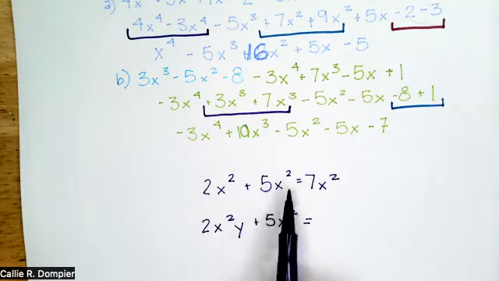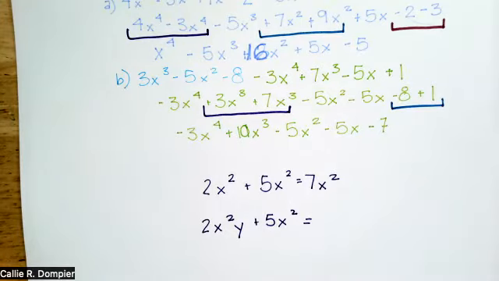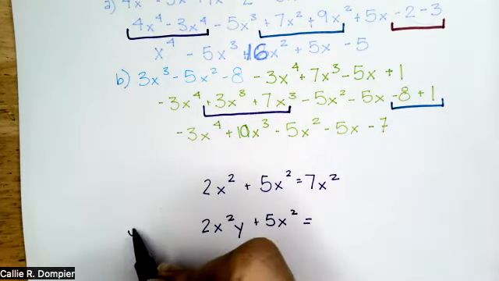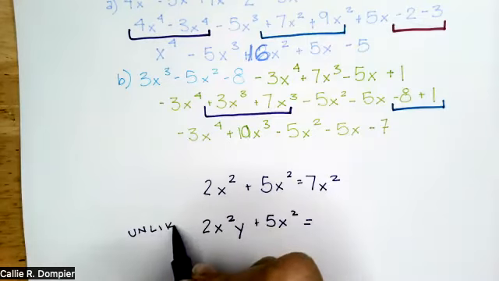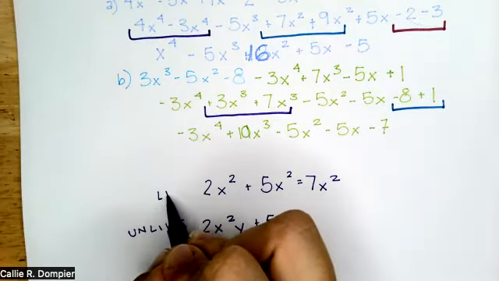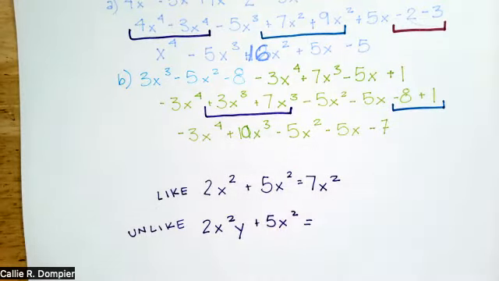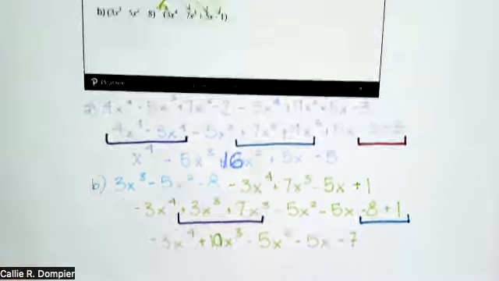So they have to have the same exponents raised to the same powers to actually be like terms. Unlike. And these are like. So that's adding and subtracting.